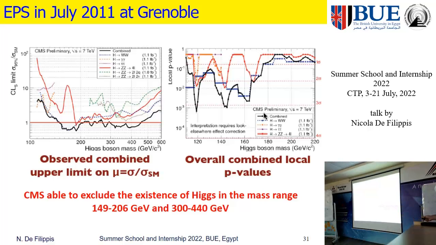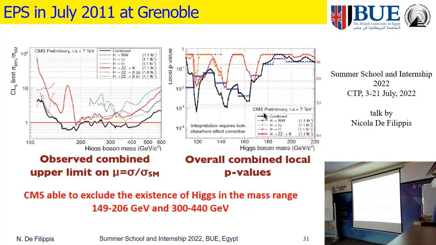Well, actually, just very small, narrow ranges were not excluded. You see that CMS was able to exclude the Higgs in the mass range between 149 GeV and 206 GeV, and between 300 and 440 GeV. So we were able to exclude the existence of the Higgs over a quite large mass range, and just very narrow windows were left.